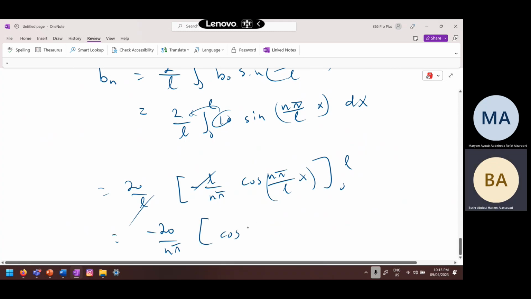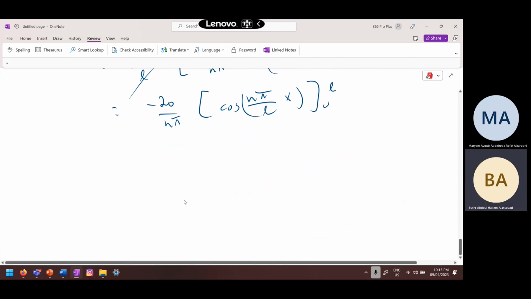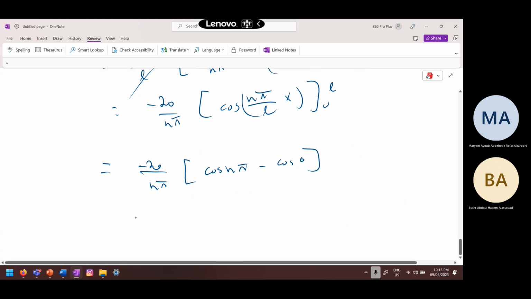Cosine n pi over L x, from 0 to L. Now just substitute the values of the limits and you'll get negative 20 over n pi, cosine n pi minus cosine 0. Okay, negative 20 over n pi, negative 1 to the n, minus 1.